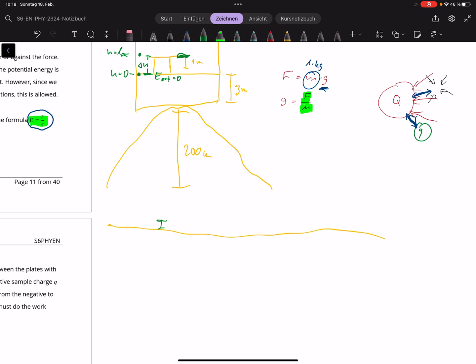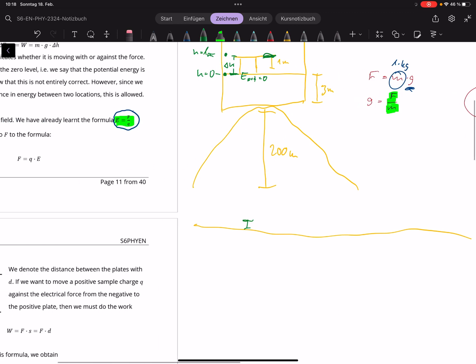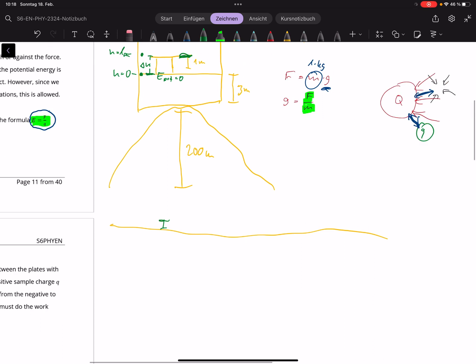So in order to make the field independent of that second charge, we divide it by the small q, and again we have something like the electrical force per coulomb, or per unit of charge.